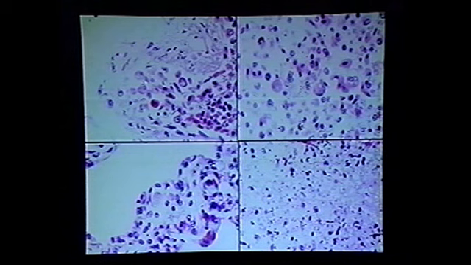Here, an aggregate of amoeba is noted in the subcapsular space of the spleen. Here, amoeba are noted in the red pulp of the spleen. In this image, amoeba are noted in the capillaries of the lung. In this image, large numbers of amoeba are present within the focus of necrosis and inflammation in the liver.